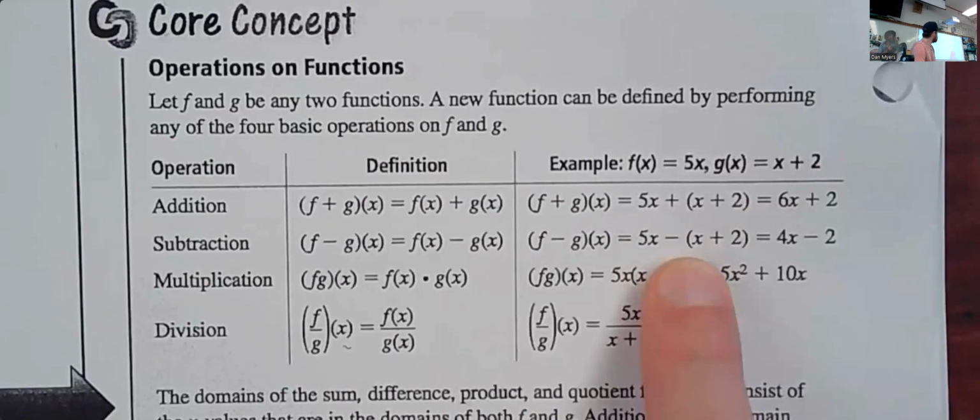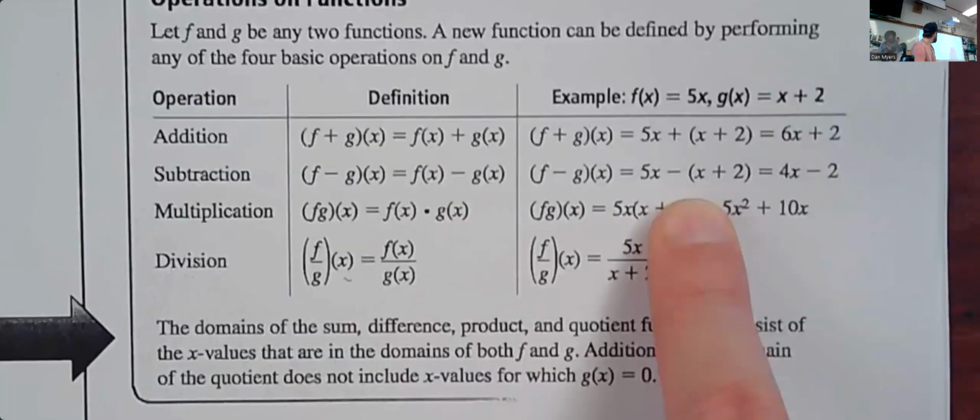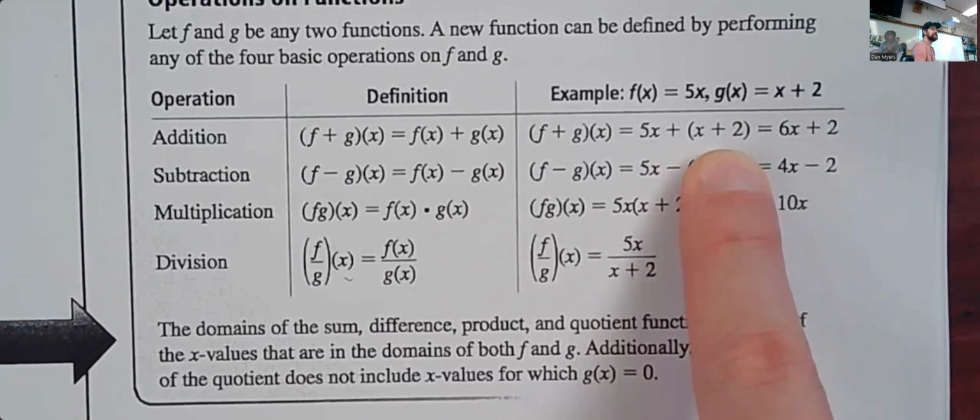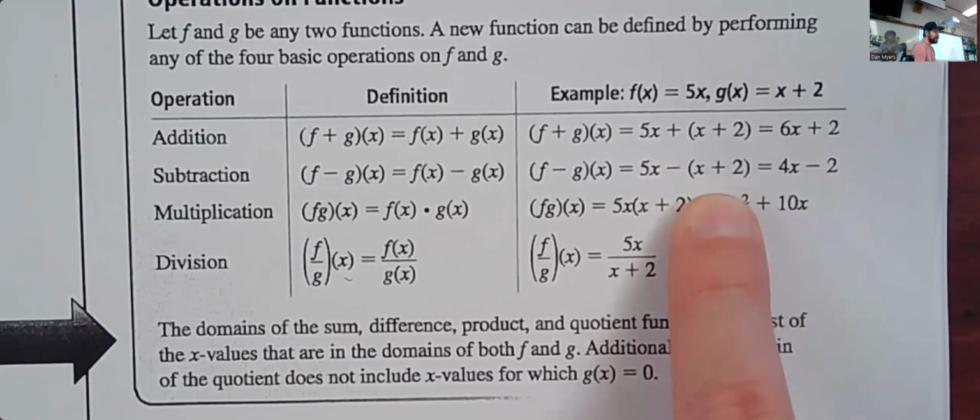The second problem here, this is what you need to pay attention to, the fact that this second function is in parentheses. Why would this second function be in parentheses? Any thoughts on that? Sure, yeah. If there's a coefficient on the outside, and when you subtract, technically there is one.